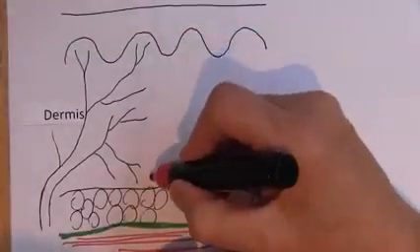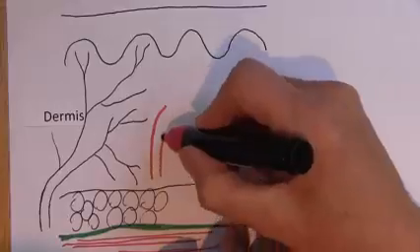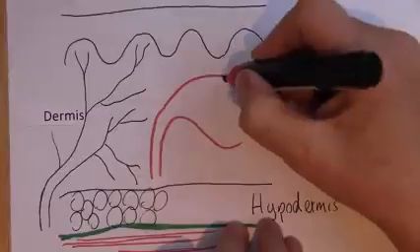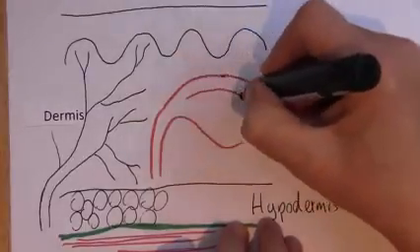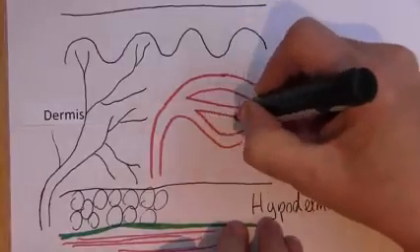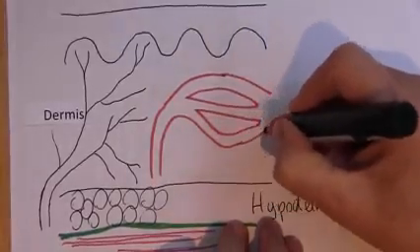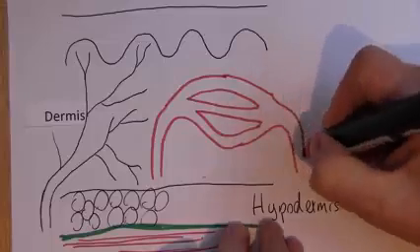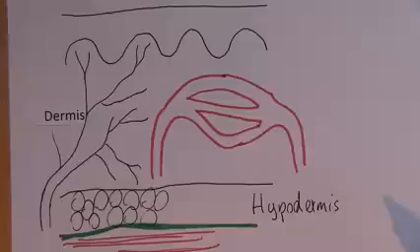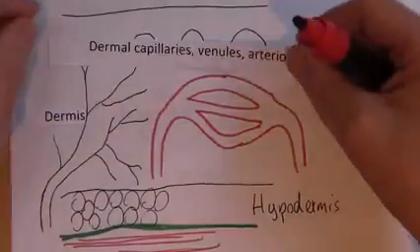So what we have is arterioles carrying blood into capillary networks. I'm told millions of them in the dermis, draining out via venules in the vascular dermis.